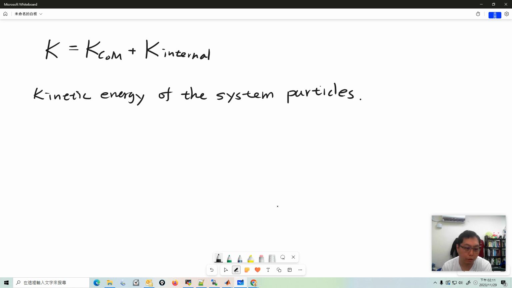So that means we now have a many-particle system. What's the kinetic energy in a many-particle system?